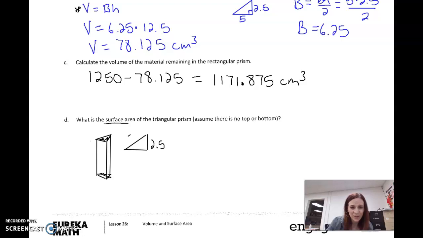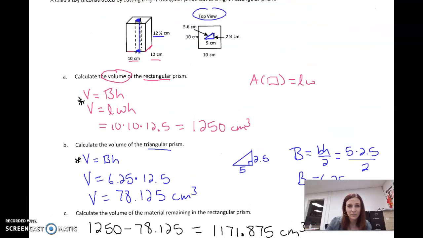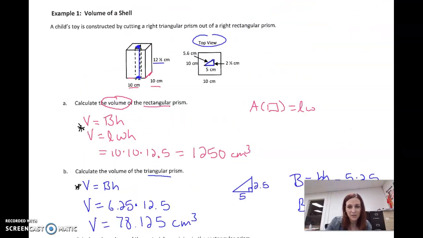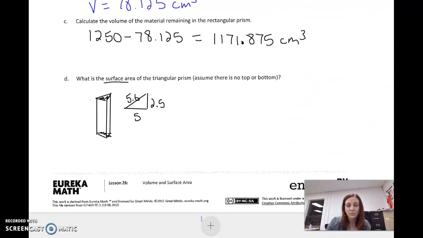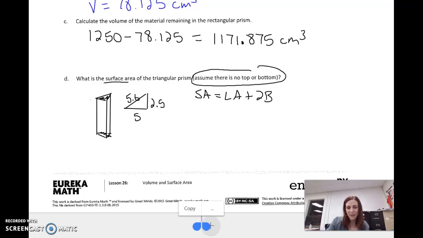Remember, this is 2.5, this is 5.6, and this is 5, I believe. Okay, so remember, our formula for surface area is our lateral area plus 2 times the area of the bases. But we're assuming there's no top and bottom. There are no bases. So basically, I just need to figure out my lateral area. That's why it's a little easier sometimes to use the formula for this.